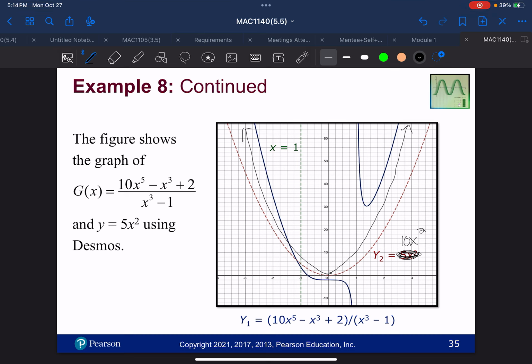Okay, so this is just saying that the end behavior of this function will start to behave like this parabola. And we can kind of see that because if you look at the blue, these will eventually start to meet up right here and get really close to each other as x approaches infinity and negative infinity.